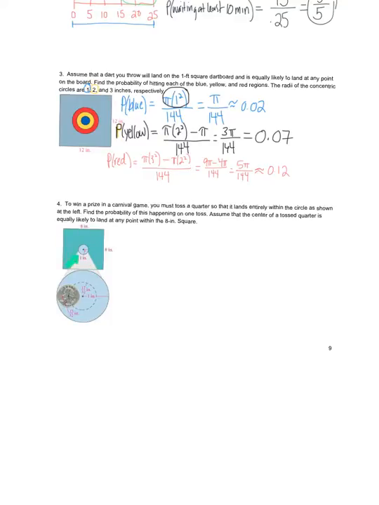So that area needs to be in the bottom of my fraction. And my favorable region would be, like I said, the center of this quarter would have to land within this dotted circle here. So my favorable region would be this dotted circle here. It looks like it has a radius of 17/32. So my area of total region is going to be this 8 times 8, which would be 64 inches squared.